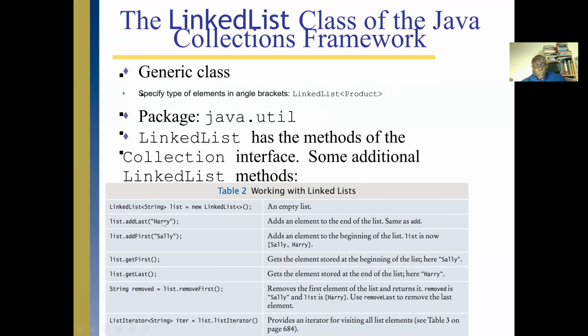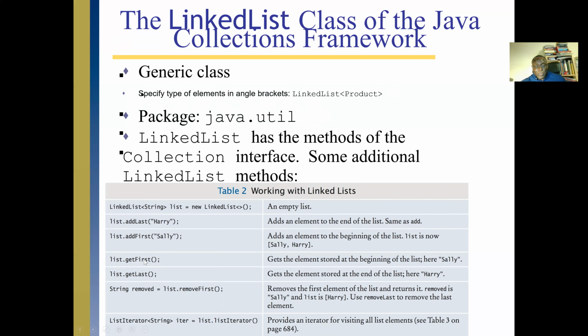And as we know, this is object-oriented programming. We have to start with the object name first. So list.addLast, we are adding array. Then list.addFirst, we are adding solid in front of the linked list. So addLast adds from the rear, addFirst adds in the front. Then we also have list.getFirst.